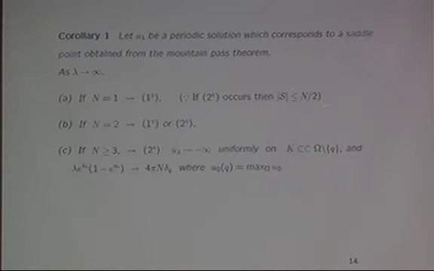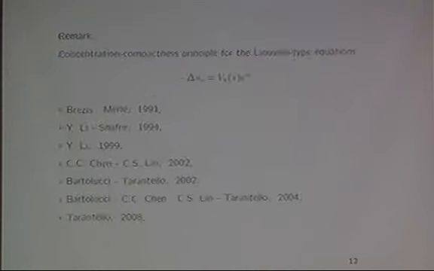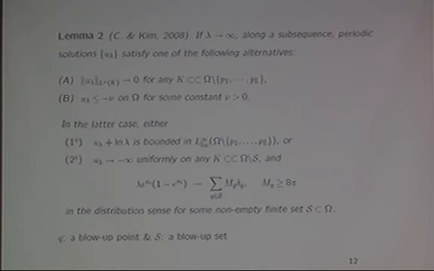It is because of this simple inequality. If blow-up occurs, then the number of blow-up points must be less than 1 over 2, which is impossible. So it is bounded. If n equals 2, this is a delicate case. In this case, the first case can occur or the second case can occur. It depends on the location of 2 points.